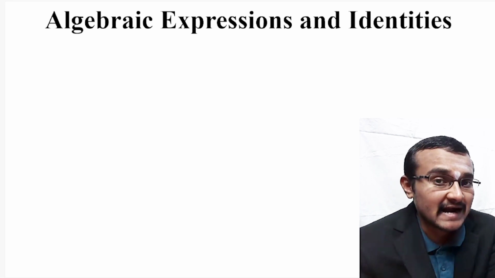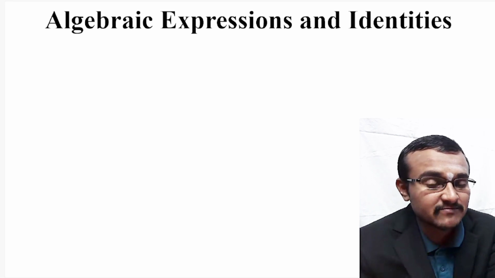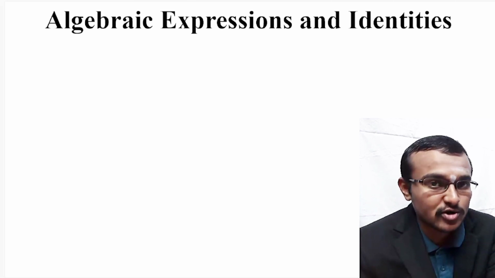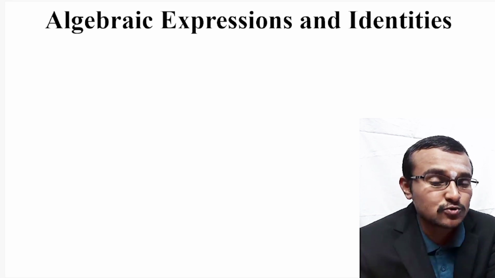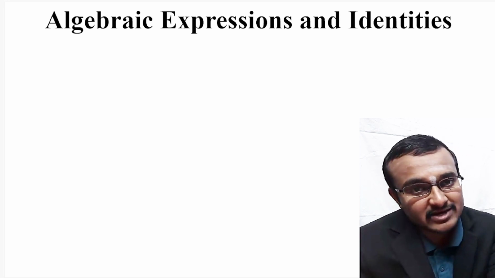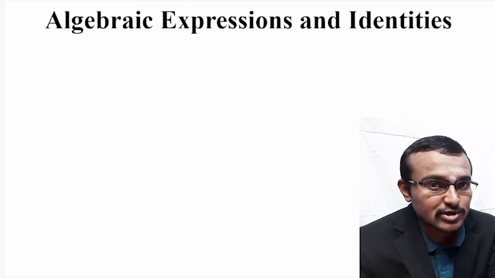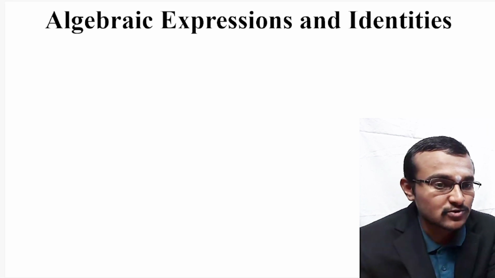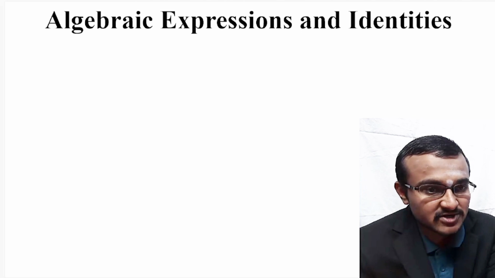You have learnt how to add two algebraic expressions, how to subtract two algebraic expressions, and you have also learnt how to do multiplications of two monomials. In this video, you'll be learning how to multiply a monomial with a polynomial, let's say binomial, trinomial or any kind of polynomial, and how to multiply two polynomials. So we'll go on seeing that in this part.